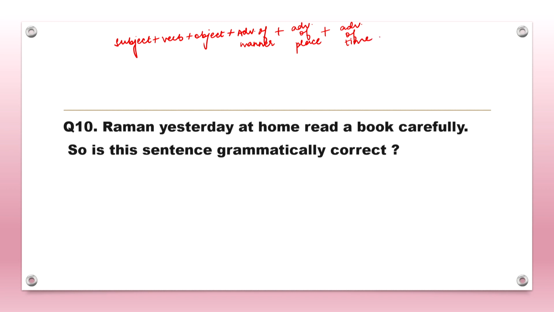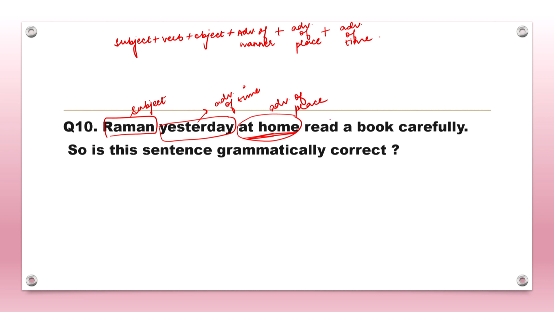So, now let us look at the given sentence. So, Raman is your subject, right? Now, yesterday. What is yesterday? It is your adverb of time, right? Now, at home. At home is what? Your adverb of place, correct? Read a book carefully.